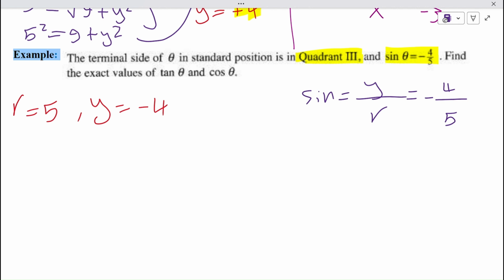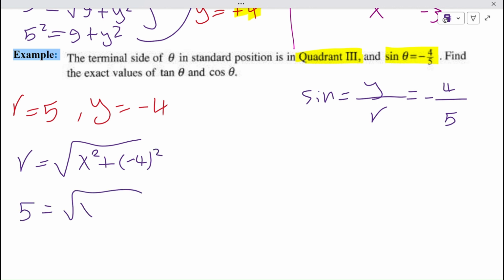R is equal to the square root of x square plus y square. It means negative 4 square. And r here is 5, equal to the square root of x square plus 4 square, which is equal to 16.